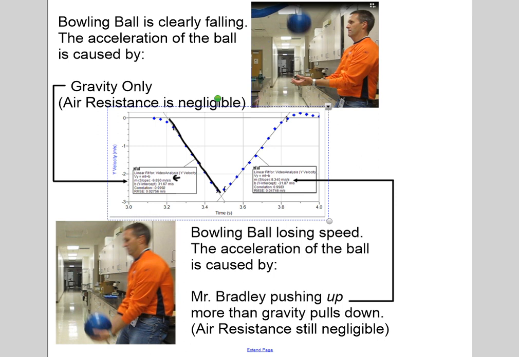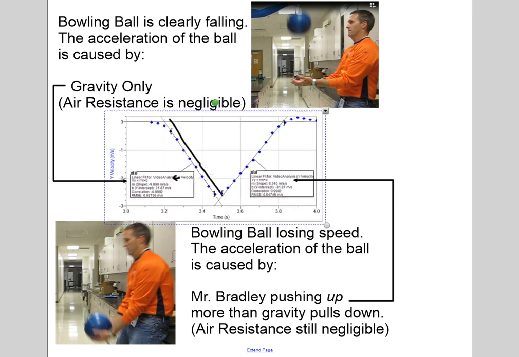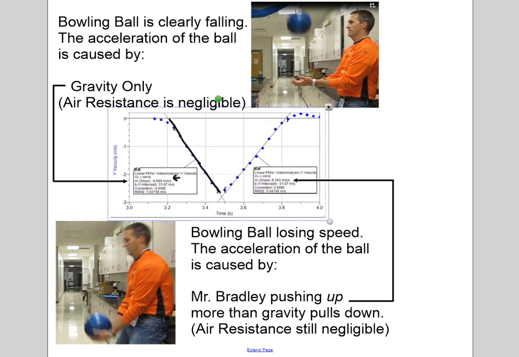Now, this acceleration, the one that we can read from the slope here, is caused by gravity and Mr. Bradley, but because it's losing its speed, it's being pushed up harder than gravity is pulling down, and that's why Bradley here looks like he's straining a little bit. He's having to exert quite a lot of force to make the bowling ball stop.